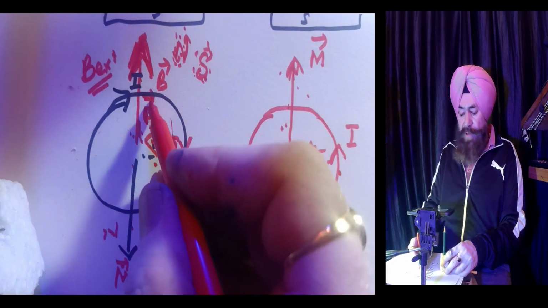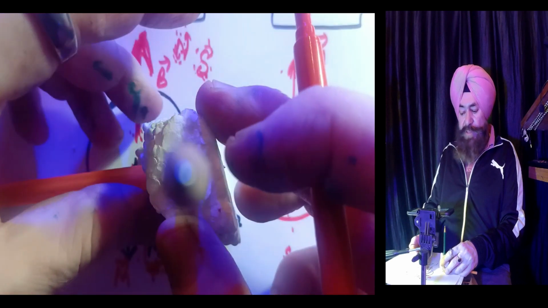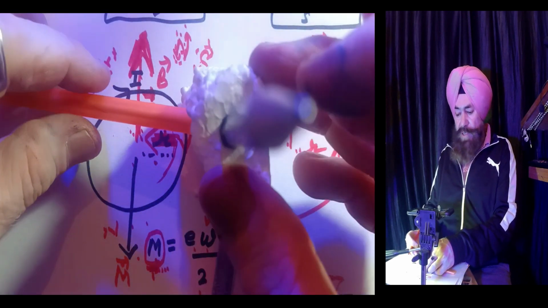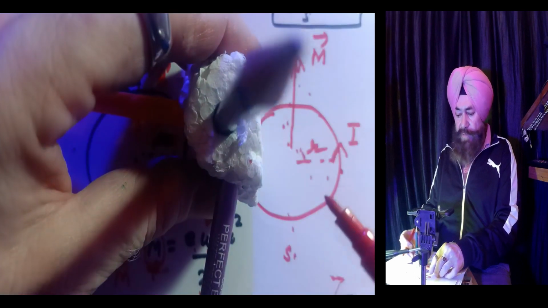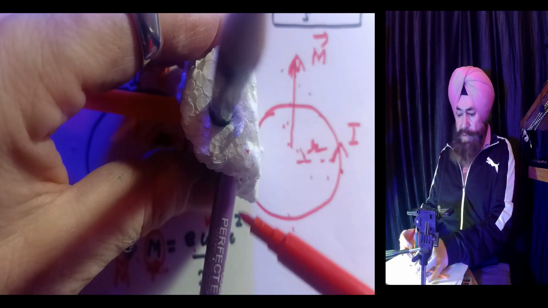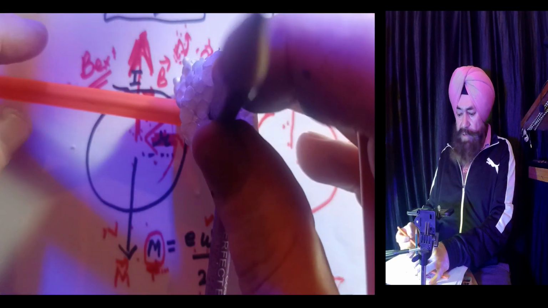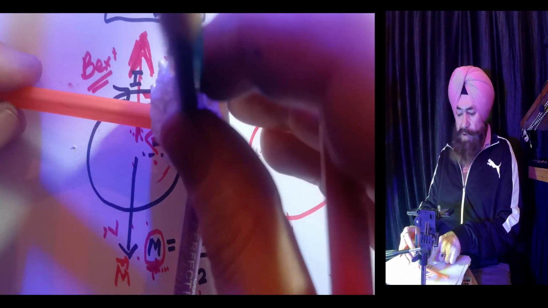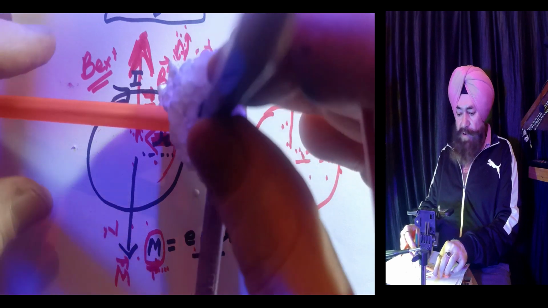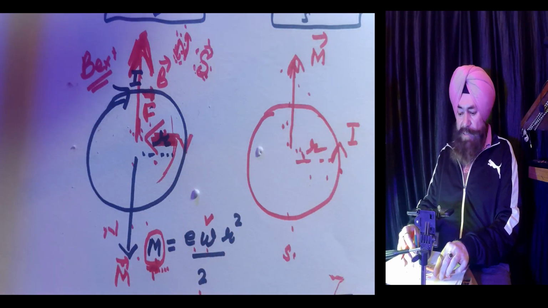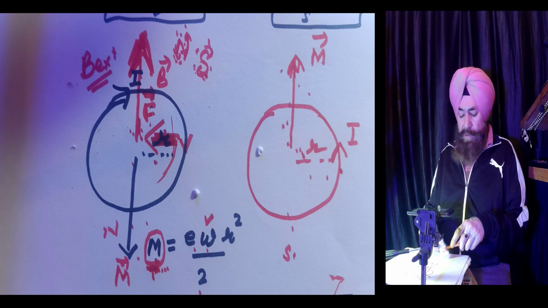So it will experience a force along this direction. Again look: magnetic field, current, then force. Force will be along the radius.